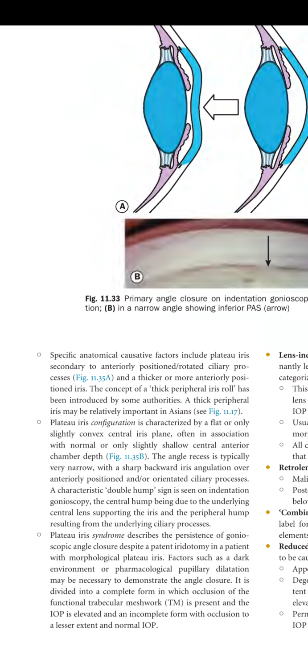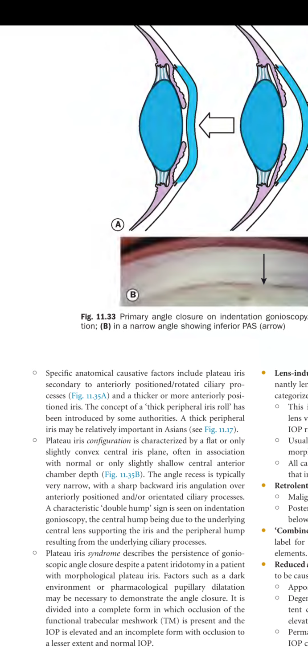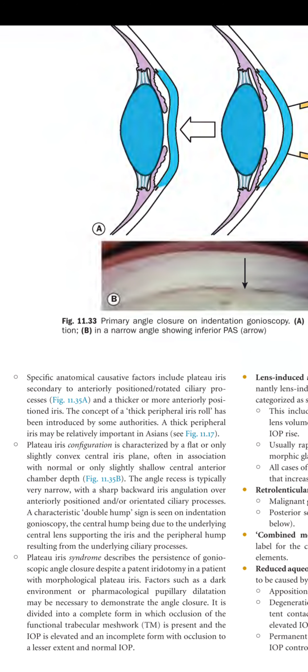Specific anatomical causative factors include plateau iris, secondary to anteriorly positioned or rotated ciliary processes, and a thicker or more anteriorly positioned iris. The concept of a thick peripheral iris roll has been introduced by some authorities. A thick peripheral iris may be relatively important in Asians. So basically, in a non-pupillary block mechanism, the iris itself is closing the angle.